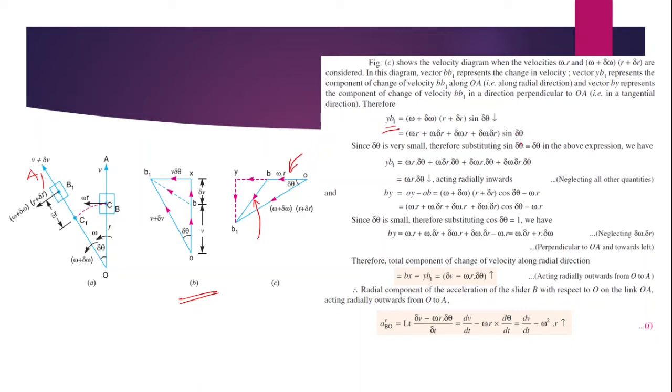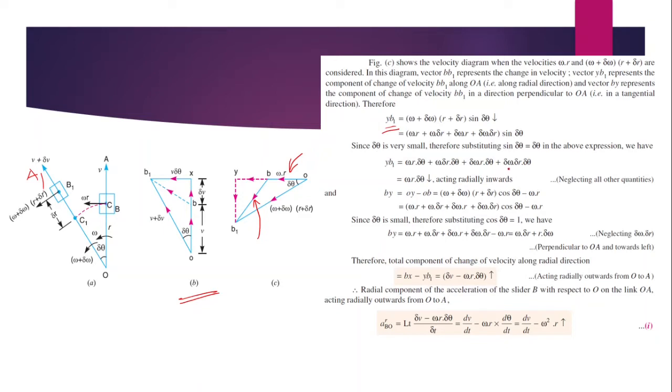Since delta theta is very small, we can treat sine delta theta as delta theta. Then we can represent YB1 as omega r delta theta plus omega delta r delta theta plus delta omega r delta theta plus delta omega delta r delta theta.